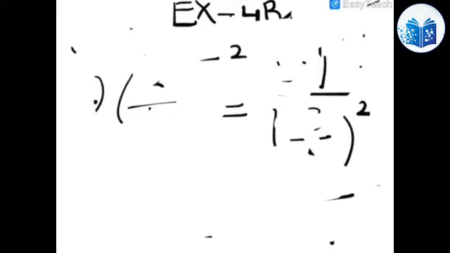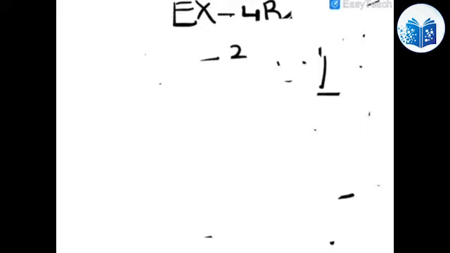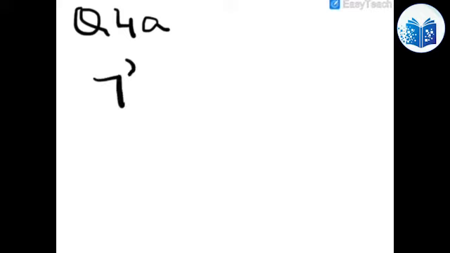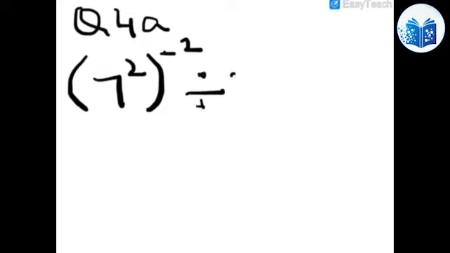In question number 4, evaluate each of the following. Question number 4A says 7 square whole power minus 2 divided by 7 power minus 4.